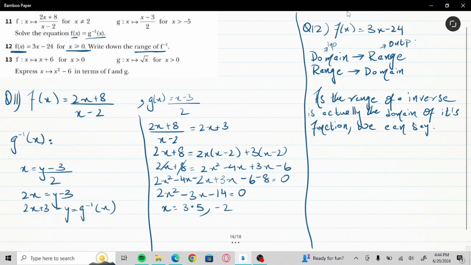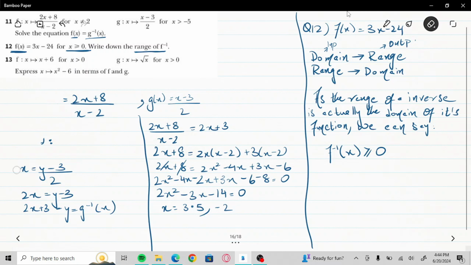What we can say is that the range of the inverse of the function f is greater than or equal to 0. So we are just answering the question by looking at the question. That's really simple. And if you have not understood this clearly, again I'm going to tell you to go to the intro. I've explained it in great detail there.